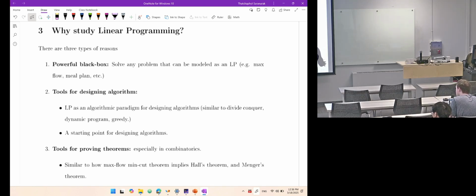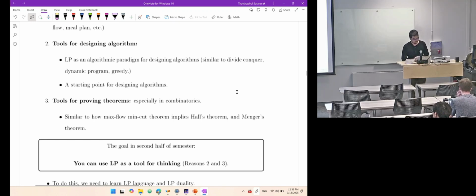It can be used to prove Hall's theorem about matching, and Menger's theorem about disjoint paths. LP has the same flavor but is more powerful. It's a toolkit for your thinking. That's the point of this class. I hope by the end you can use LP as a tool for thinking.